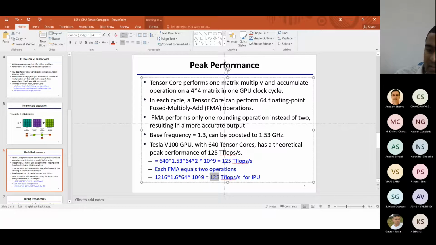So now, can you tell me what is the peak performance here? Somebody can do the math. Tell me the answer to this, in terms of teraflops per second, what is this number?